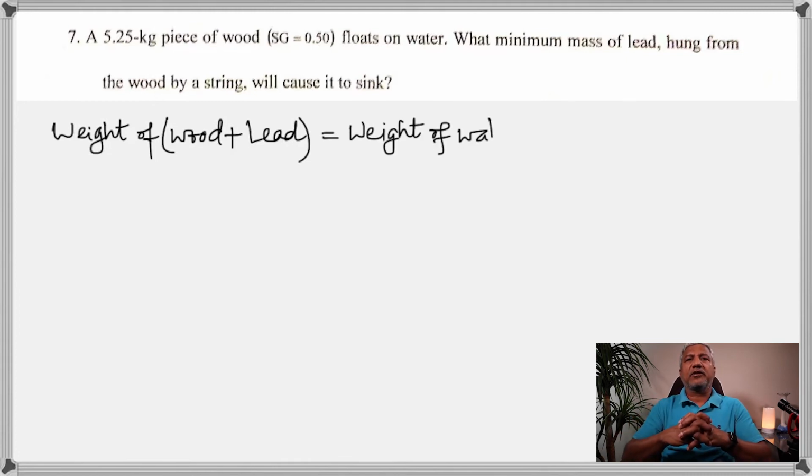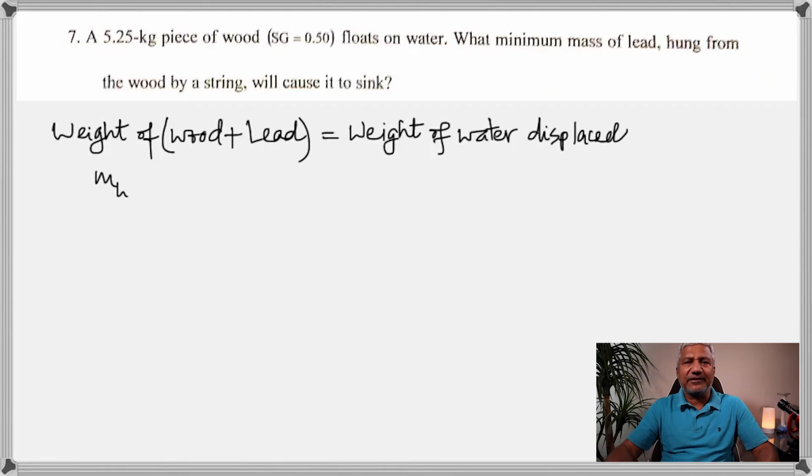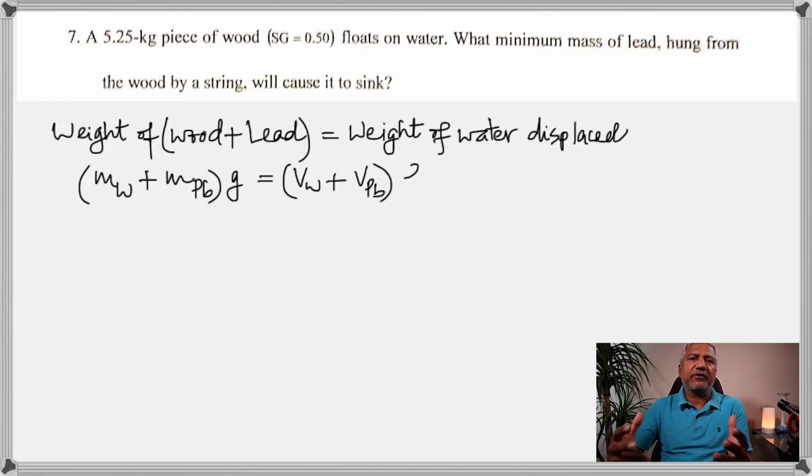What is the weight of water displaced? The weight of water displaced is going to be volume times density times acceleration due to gravity. And to find the weight of wood and lead, you just add the two masses, multiply with g. Same thing on this side.